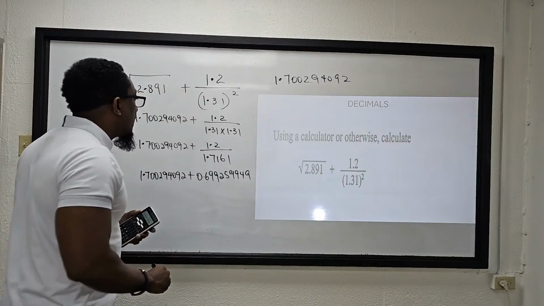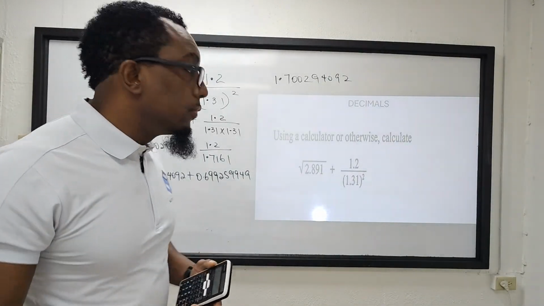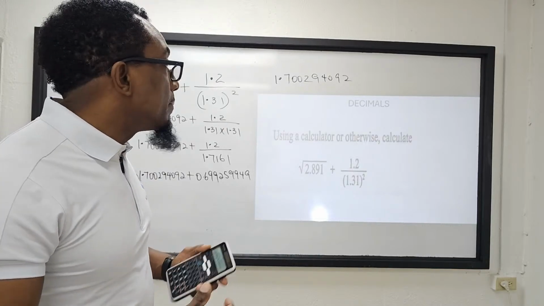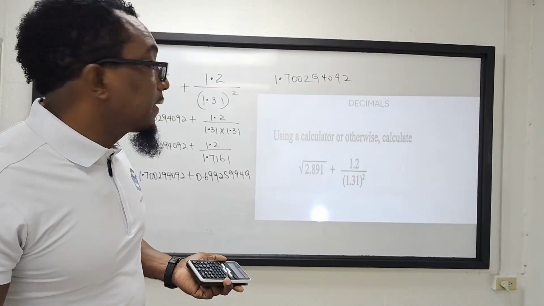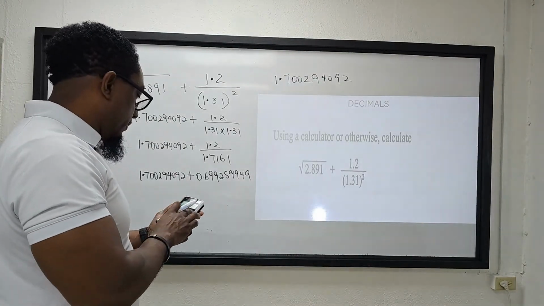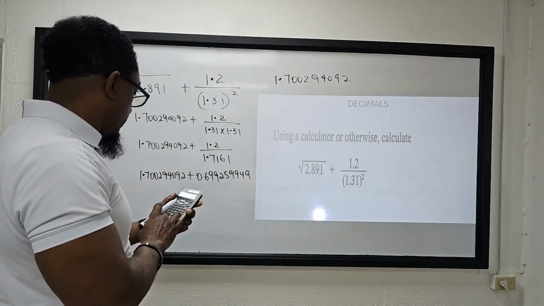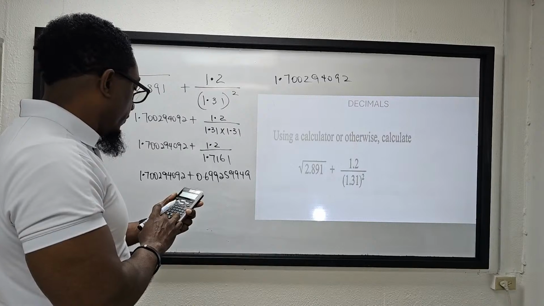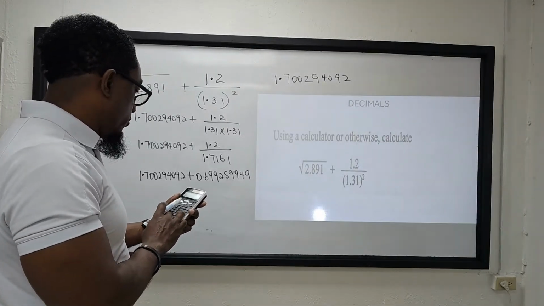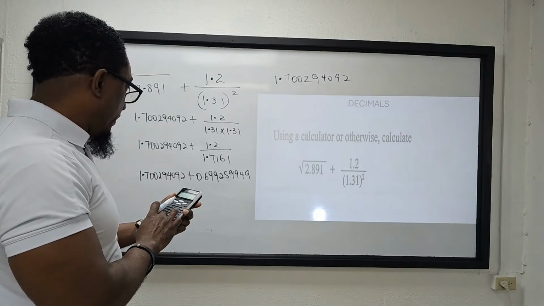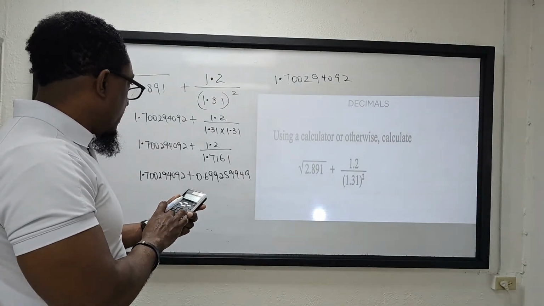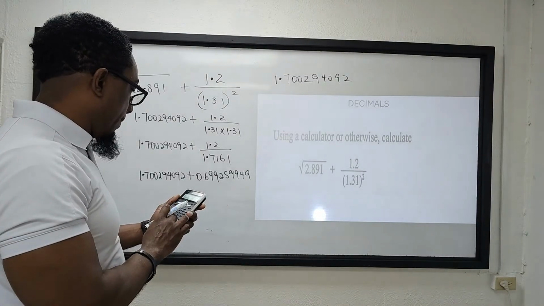0.699259949. I'm going to add those two, and I'm going to represent my answer correct to a number of significant figures. So this will be 1.70294092 plus 0.699259949.